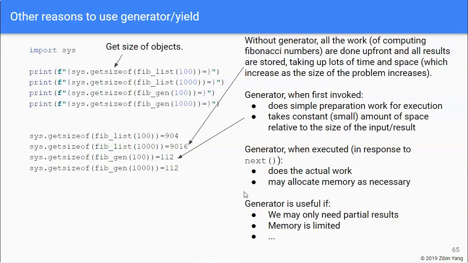Now, sure, the generator, when we execute it, like by calling next on it or in a for loop, will do the actual work. In the process of doing actual work, it may allocate memory as it needs to. Think about it. In this case, the Fibonacci generator has to compute the next one Fibonacci number, right?